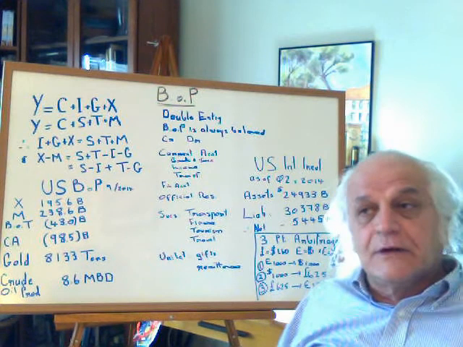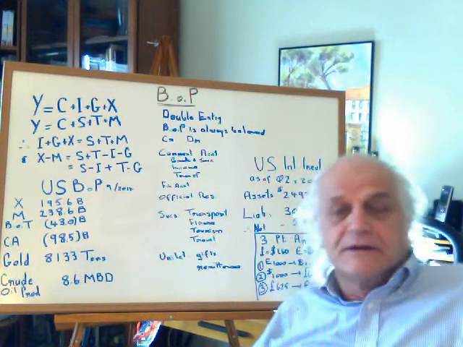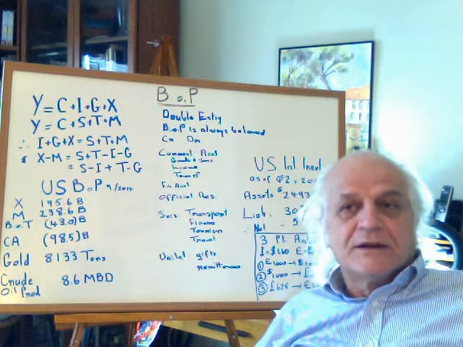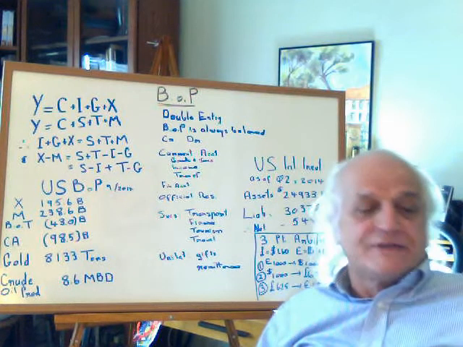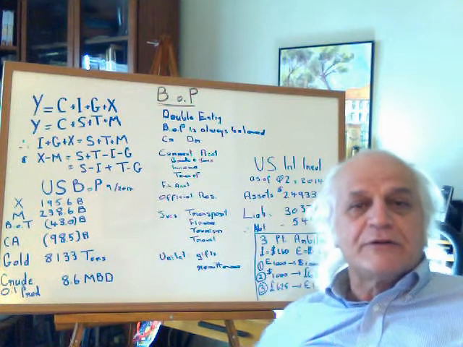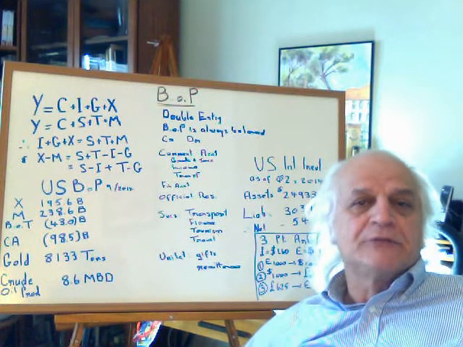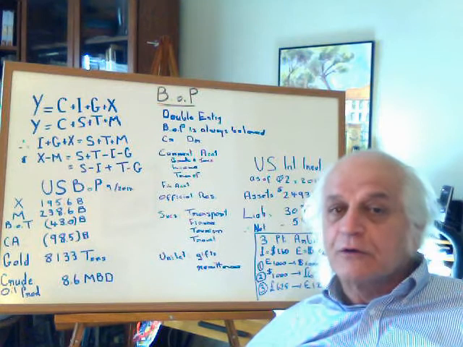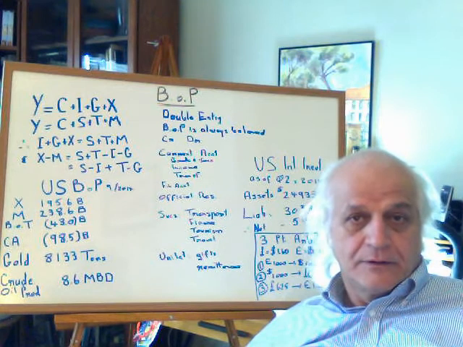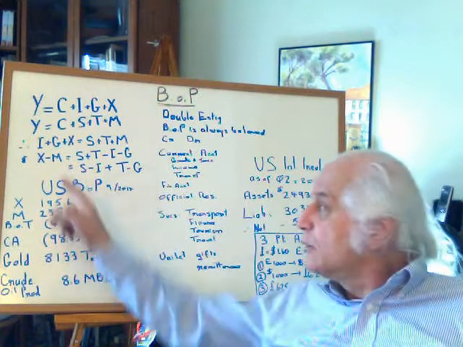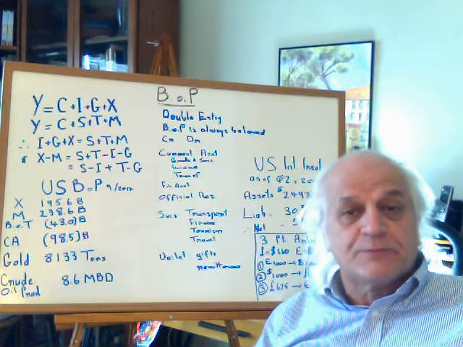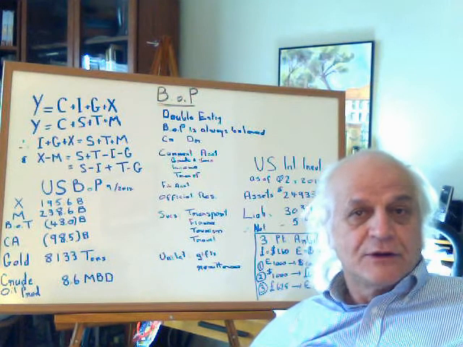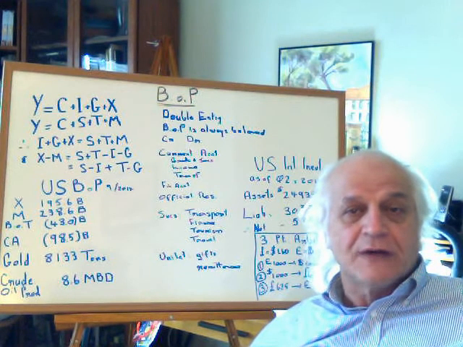In the US, we've had a few years, I believe something like 2006, whereby our trade deficit was over $700 billion, which means that we imported more than we exported by $700 billion, which is something like $2 billion a day.